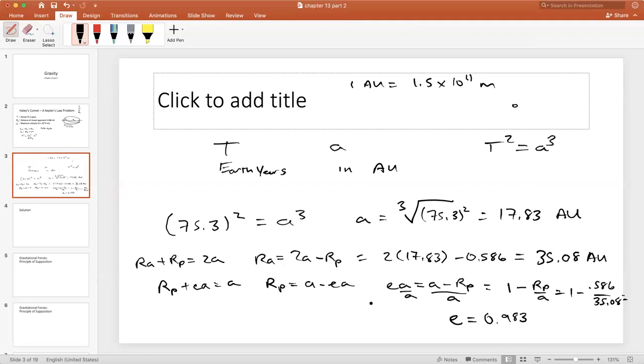But this eccentricity here, so we found A was 35 AU, E was 0.983, and A was 17.83. So this orbit is almost parabolic. It's almost equal to 1, which means it's almost an open orbit.